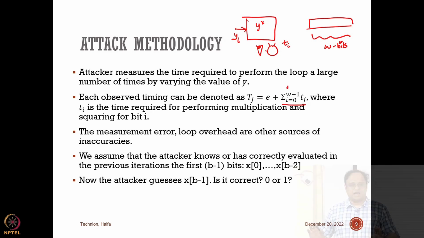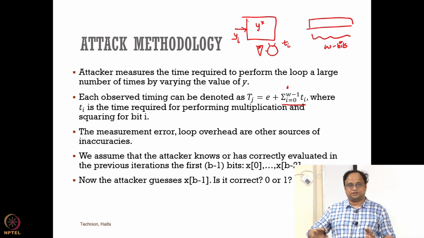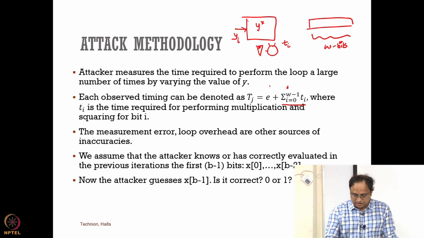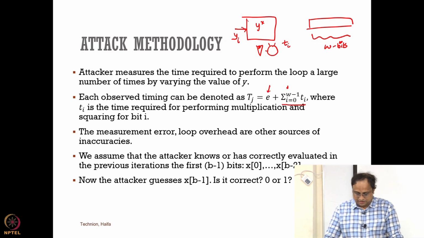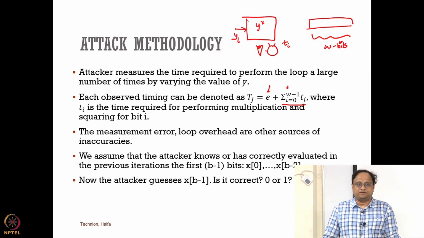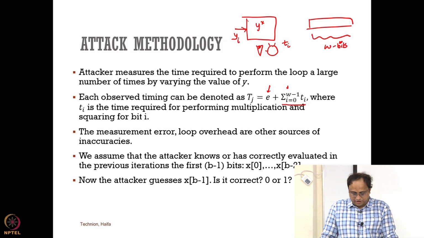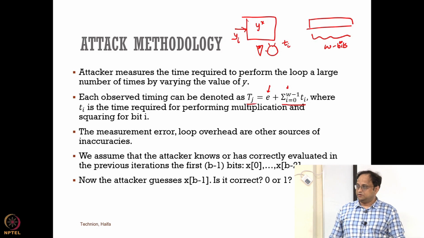I am just writing symbolically that every iteration takes ti amount of time, and this goes on from 0 to w minus 1. Now there is an additional term e that I add to accommodate the various kinds of errors that can occur during the computation. It could be measurement error, or various kinds of inaccuracies. So it will be roughly the sum of ti plus some error. This is the time required for the jth decryption, and therefore I denote it as tj.